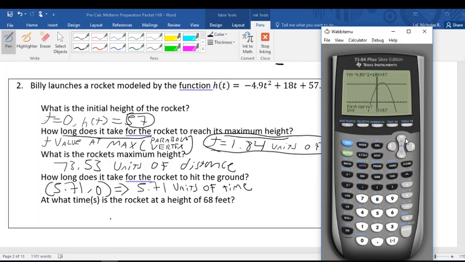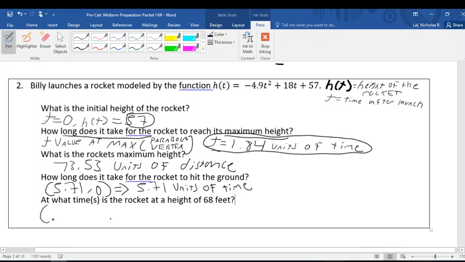Calculate the intersect. The first curve is the parabola. The second curve is that straight line. My guess is at the intersect. And I have an intersection of 0.774 and 68. That's one intersection.